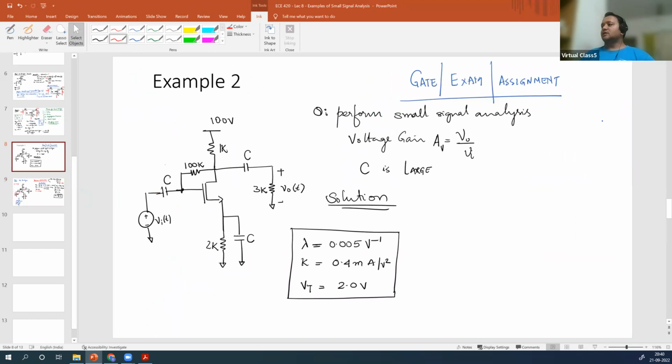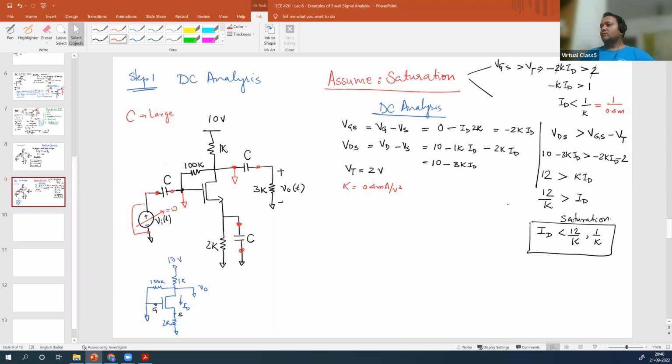So this is K. So it is 1 by 1000. This is 12 by 1000. So what is the condition here?